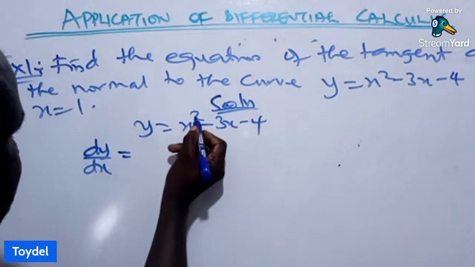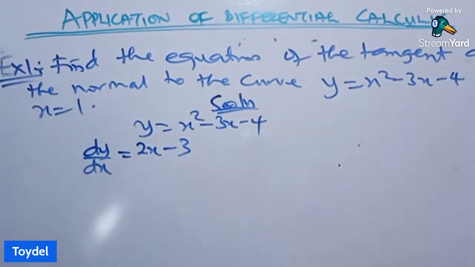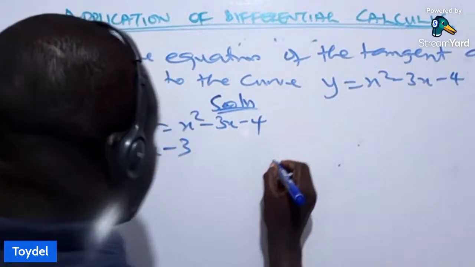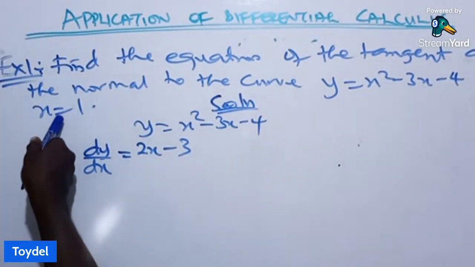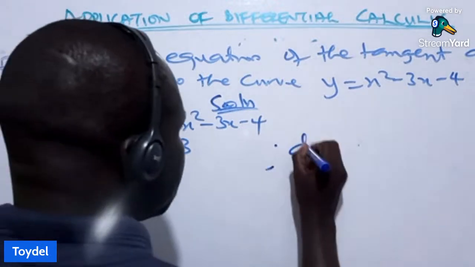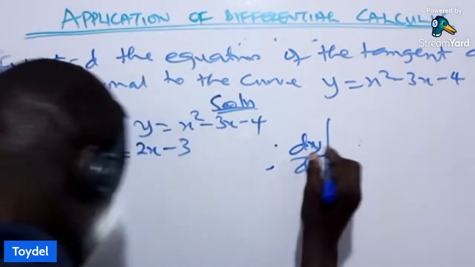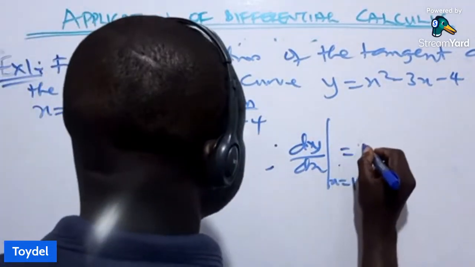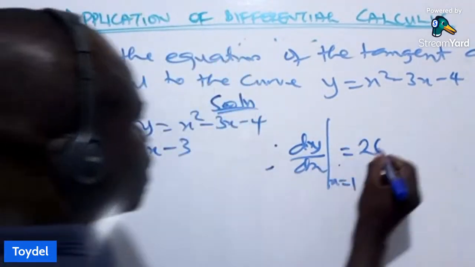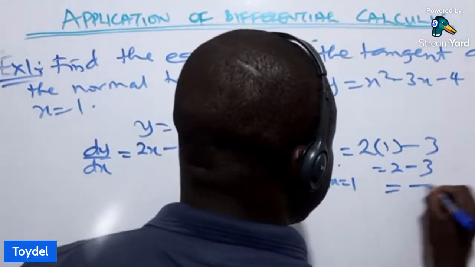If we differentiate this, we are going to have 2x - 3. Then we substitute at this point, x = 1. So dy/dx at x = 1 is going to be 2(1) - 3, which gives us 2 - 3, that will be -1.